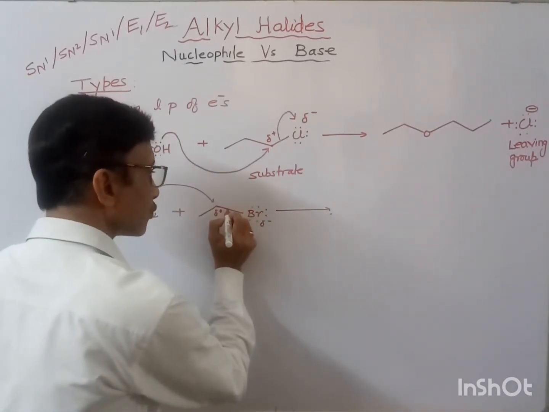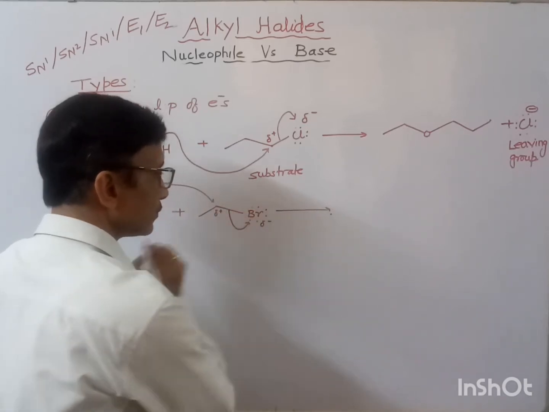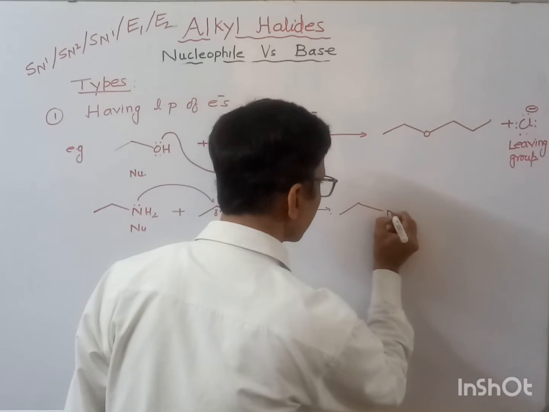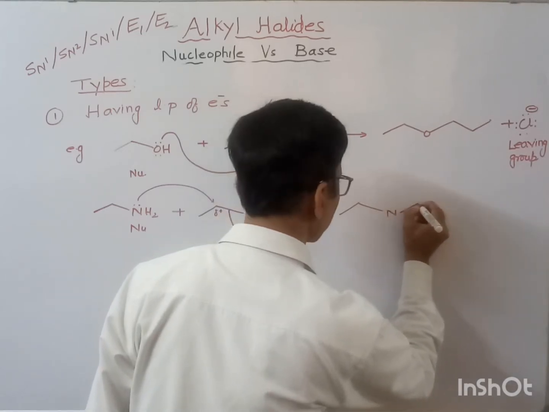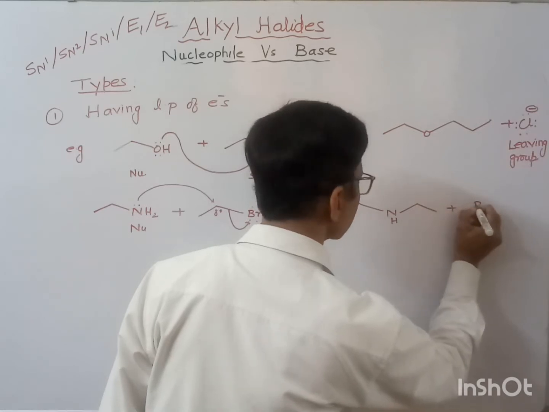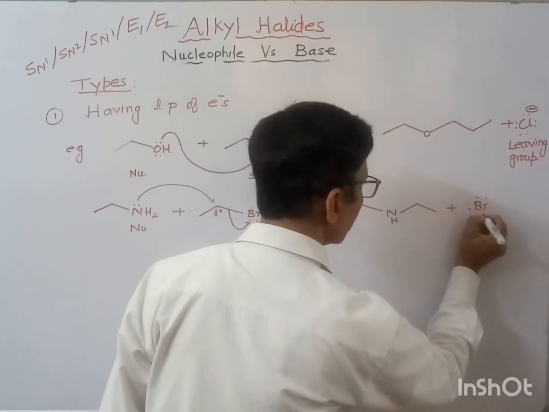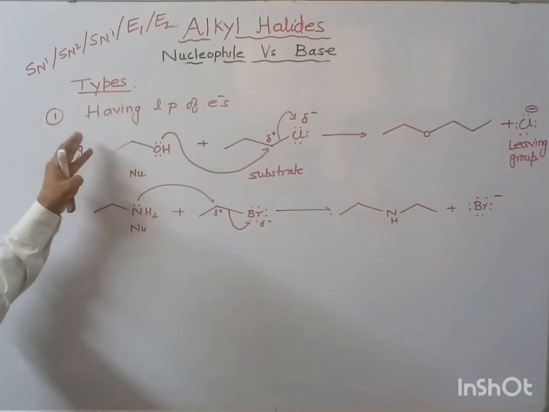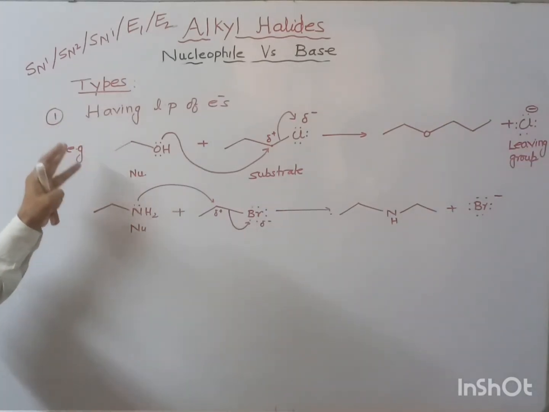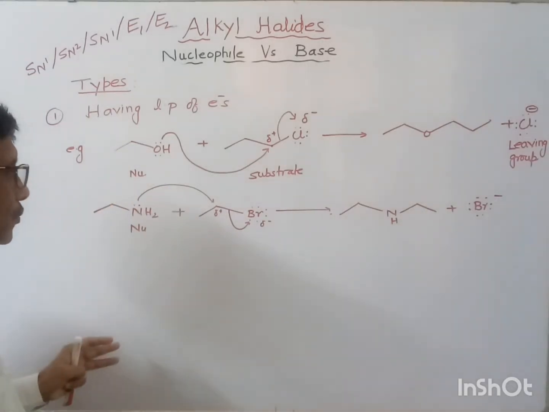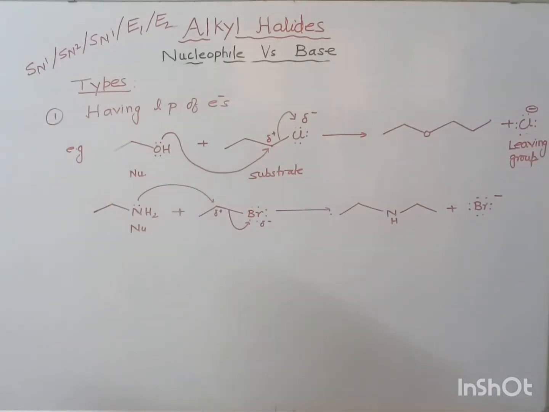So here this bromide ion will leave out, and what we will get is this product plus this bromide ion as a leaving group. So in this reaction, as you have seen, the nucleophile contains a lone pair of electrons.